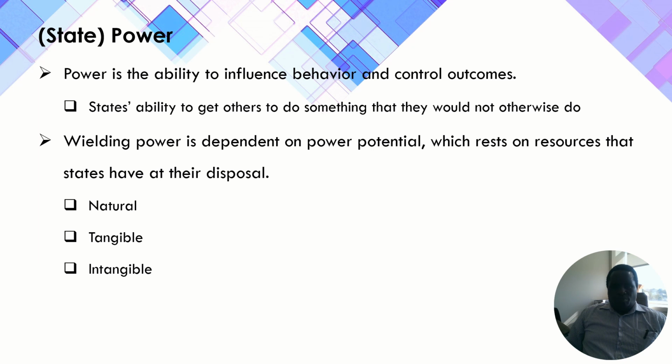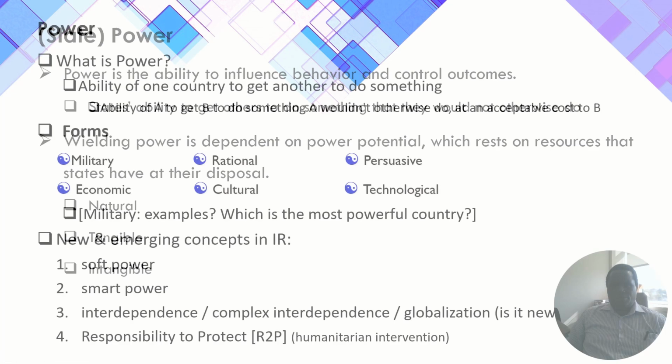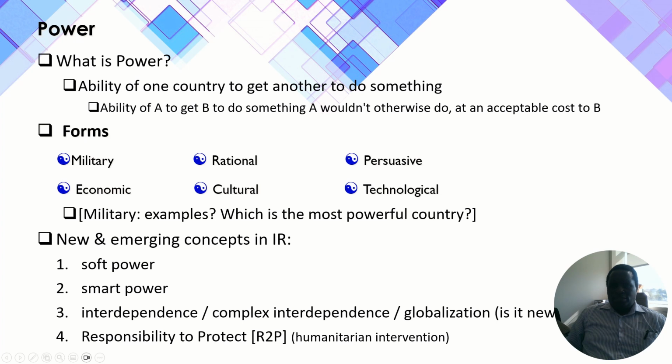States enjoy power, and there's a couple of definitions of power. The ability to influence behavior and control outcomes, or the power of A to get B to do something they otherwise wouldn't do, absent coercion. And there are different types of power: natural, tangible, intangible, and the state seeks to exercise this power.